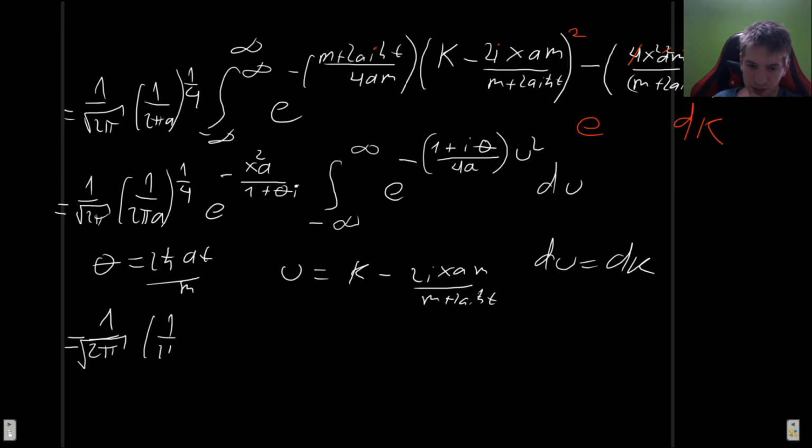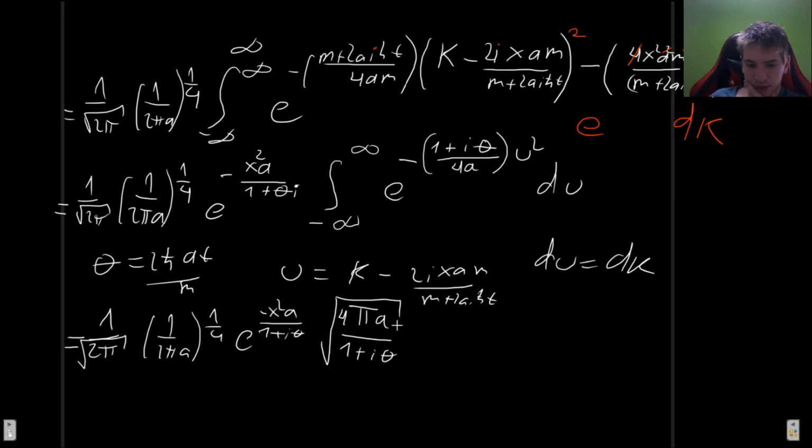Now we can take all of these constants right here, e to the minus x squared a over 1 plus i theta, and the integral is just the square root of pi divided by the square root of this. But since it is a fraction, the 4a will go to the numerator and we get 1 plus i theta.